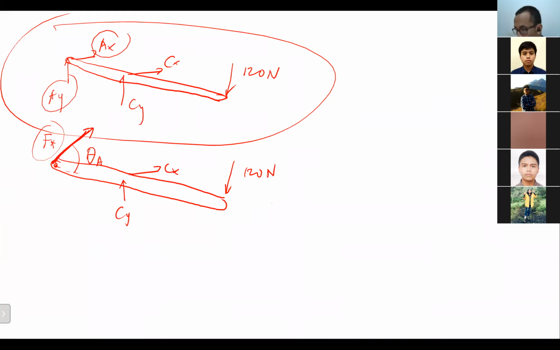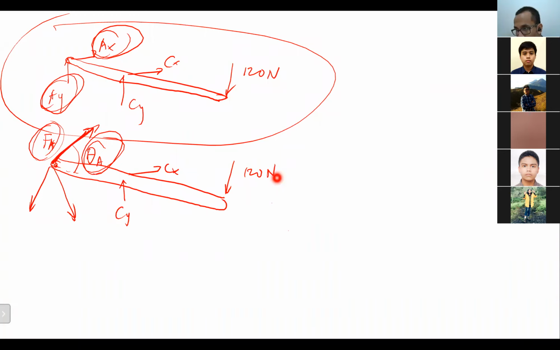Yes, sir. But the problem is, FA here, we don't know the magnitude and we don't know the direction as well. So the direction can be like this, or like this, or like this. That's why we represent it with two unknowns here, AX and AY, to represent the unknowns, the magnitude and the direction.